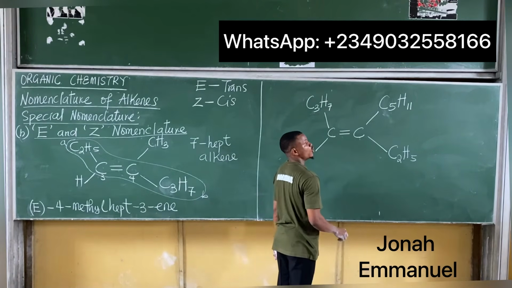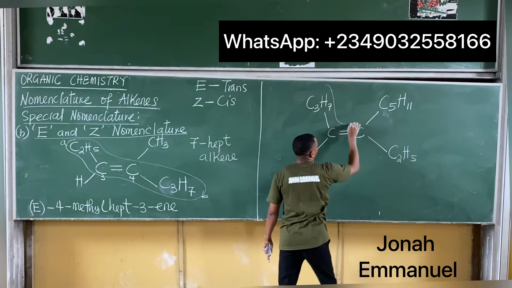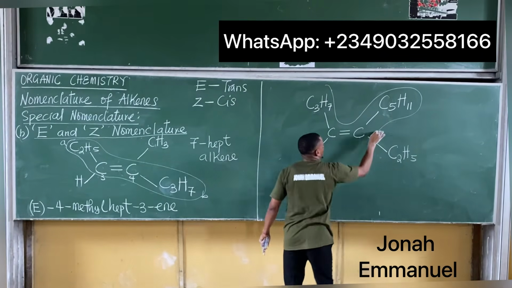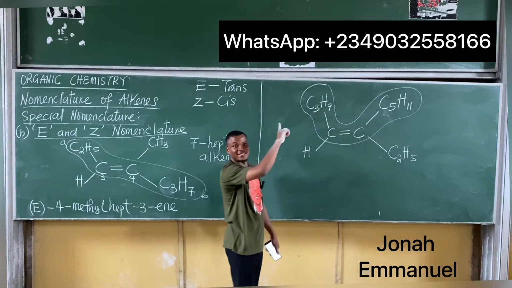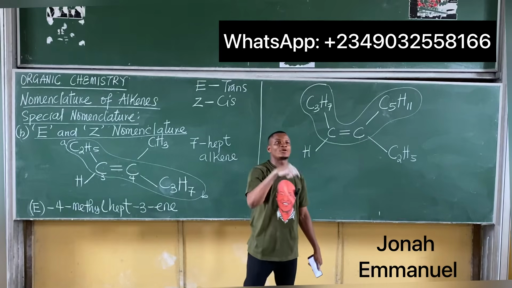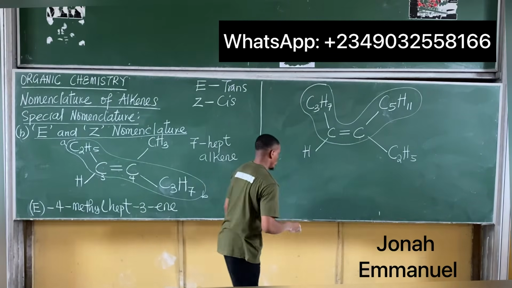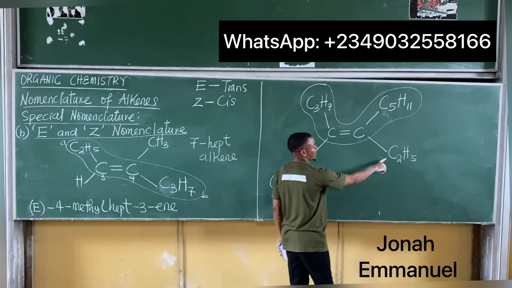Look up, please. Obviously, the longest continuous carbon chain has to be this one here, and this is a cis system. If it's cis, what will be the corresponding E or Z? So it becomes Z.